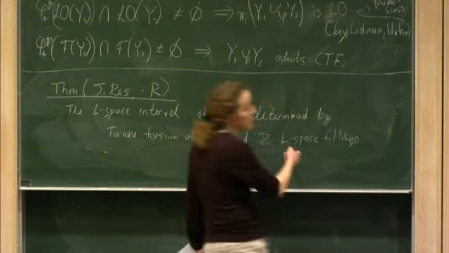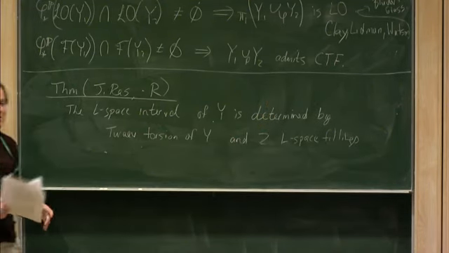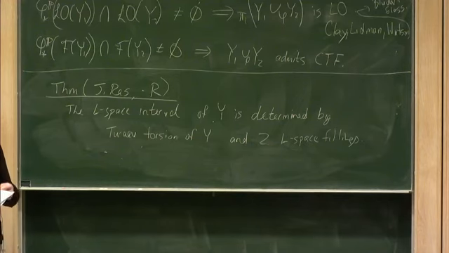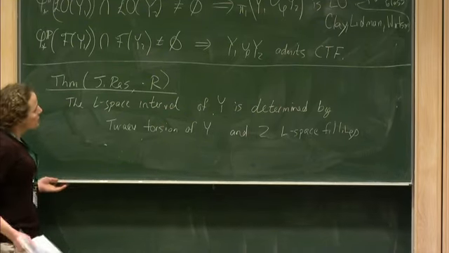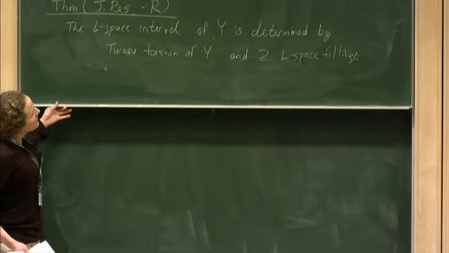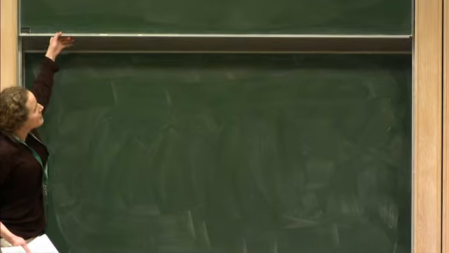Of course, this is assuming you have two L-space fillings. Otherwise, if you have only one or none, you have to know what that one is, or that you don't have any. So in some respect, that tells us a lot about what's happening for a single torus boundary case.